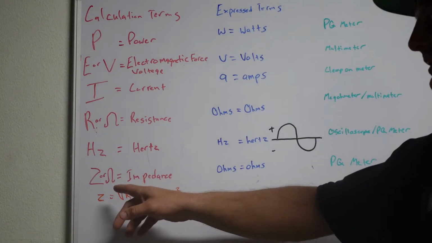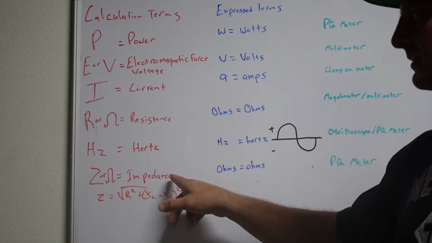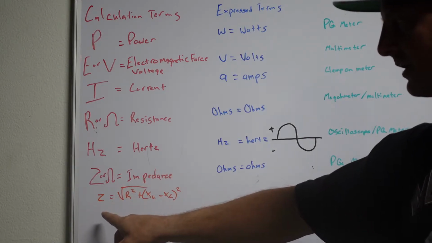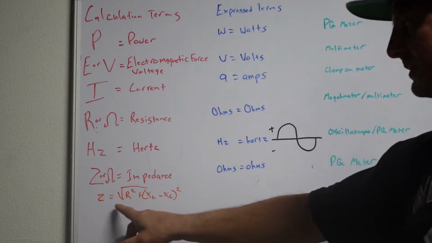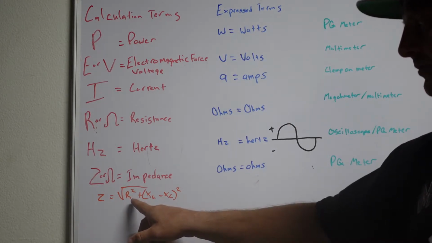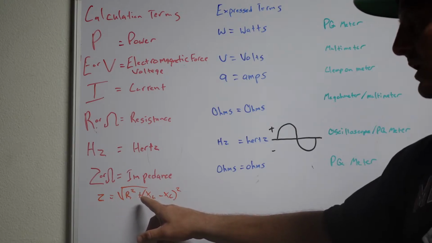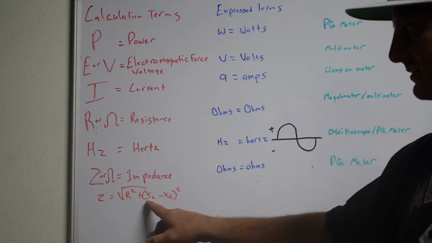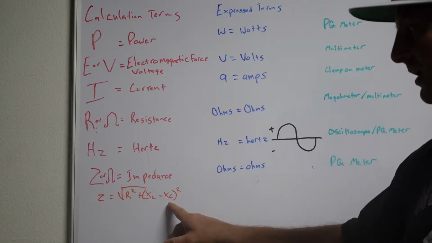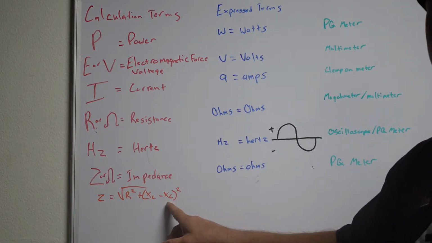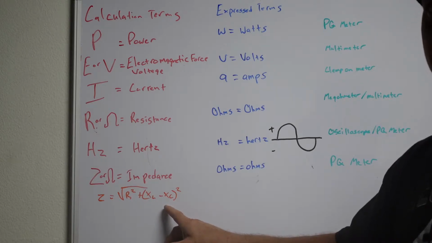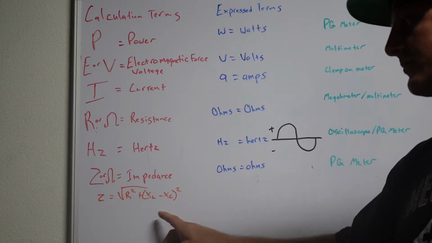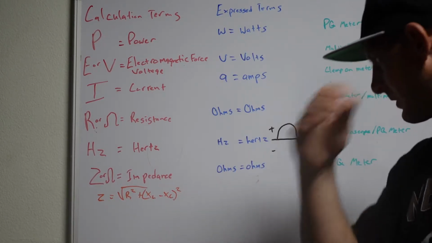So impedance is AC, as I said earlier. Sorry for repeating myself, I do that a lot sometimes. But that's going to be this formula here to get it, which is resistance squared plus the effect of inductance minus the effect of capacitance. It's actually inductive reactance and capacitive reactance, but we're not going to talk about that.